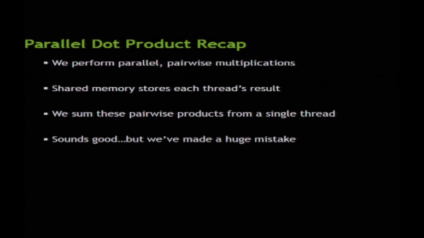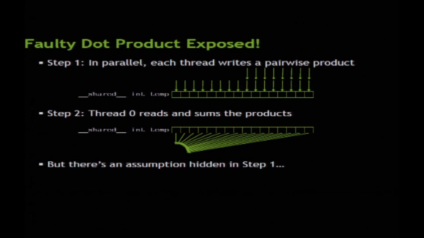If you look at this, in parallel, each thread writes a pairwise product into this temp vector. This temp vector is shared, so each thread computes and then writes, and then you sum them up. But there's an assumption here, and that assumption is that all of the threads have written their data into that value before you start reading it.